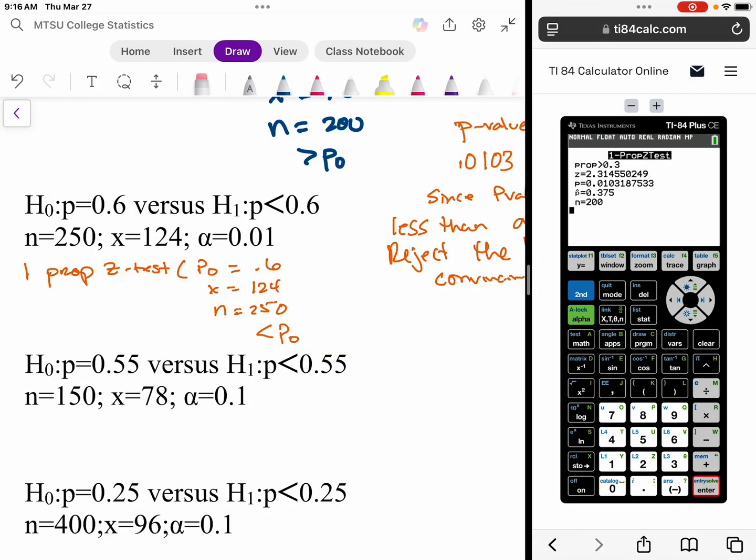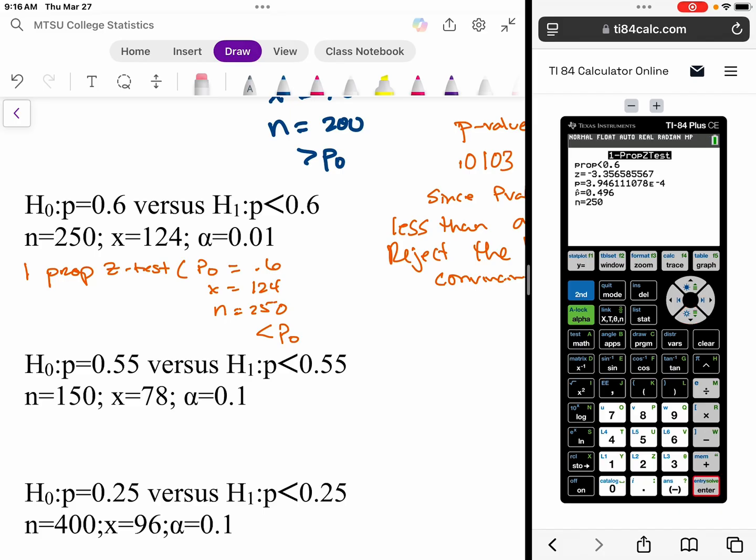Hit stat, over to test option number 5. And we're going to go with 0.6, 124, 250. And I want to choose the middle icon, that's less than the null hypothesis. Go down to calculate.